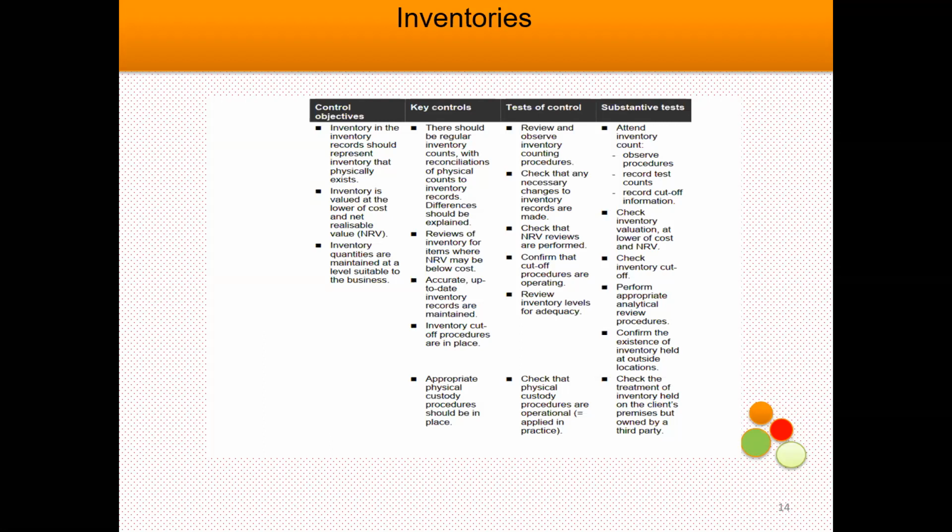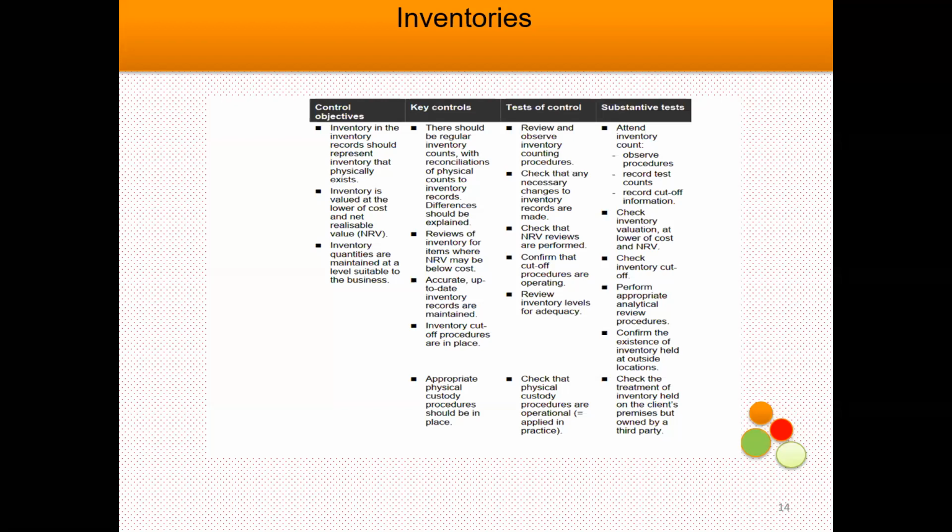If the client's year end is, let's say, 31st December 2020, they can sneak in things that are related to 1st, 2nd or 3rd January 2021 into 2020. That's what we mean by cut-off procedures. You need to cut it off. It's 2020, only 2020 items are allowed.